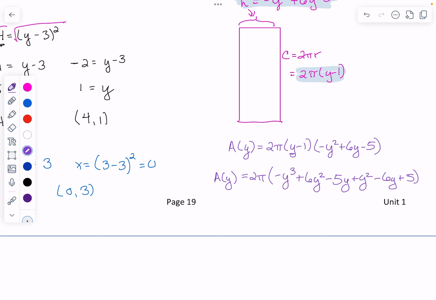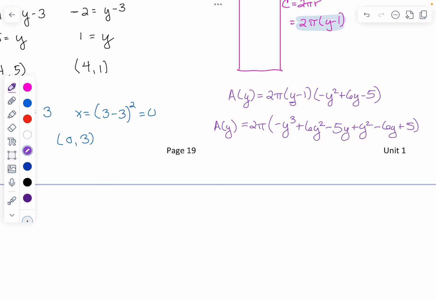All right, let's get like things together. I'm going to have A of y equal to 2 pi times, I only have one cubed, so negative y cubed. I have this square and this square, so plus 7y squared. Yep, I got that here. I have this y and this y that's not squared, minus 11y plus my 5.